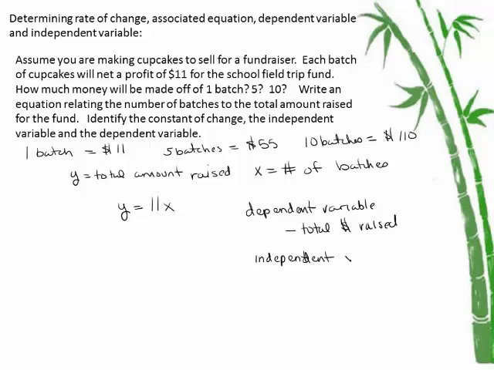Dependent. So this is the number of batches. Okay, and 11 is the constant of change, because that is the rate that the total amount of money is being changed at.